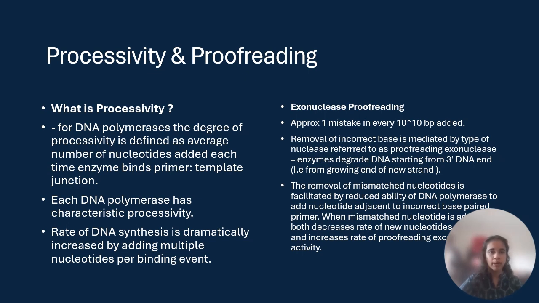So it will bind in a non-sequence-specific manner. That means it doesn't require a specific sequence for it to bind. Each DNA polymerase has its own characteristic processivity that determines how fast it can elongate or synthesize. So the rate of synthesis is increased when the number of nucleotides added per binding is increased.